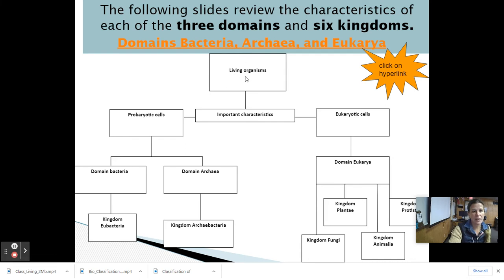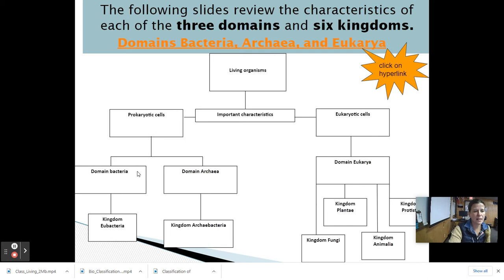So all living things are classified. We look at characteristics. Is the cell prokaryotic with no nucleus? Or is the cell eukaryotic, where it has a nucleus and contains that DNA? From prokaryote cells, remember there's domain bacteria, where you have the kingdom Eubacteria, the type of bacteria that could make us sick.